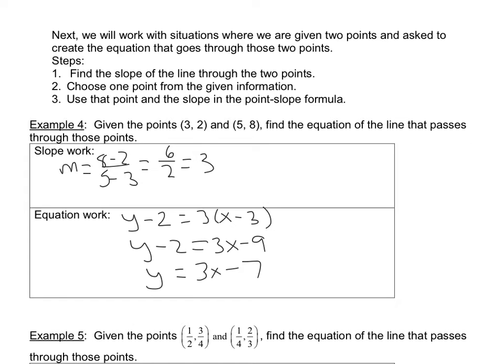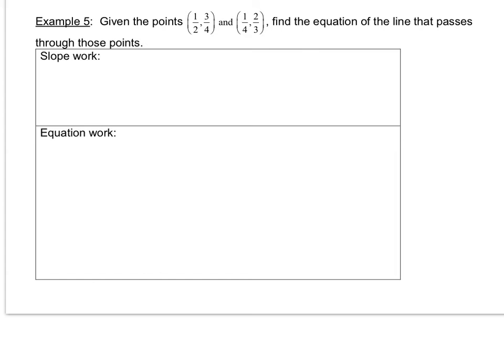Let's do another example. So you saw that last one with nice whole numbers, but now it's not whole numbers. It's everyone's favorite, fractions. So we're going to have (2/3 minus 3/4) over (1/4 minus 1/2).